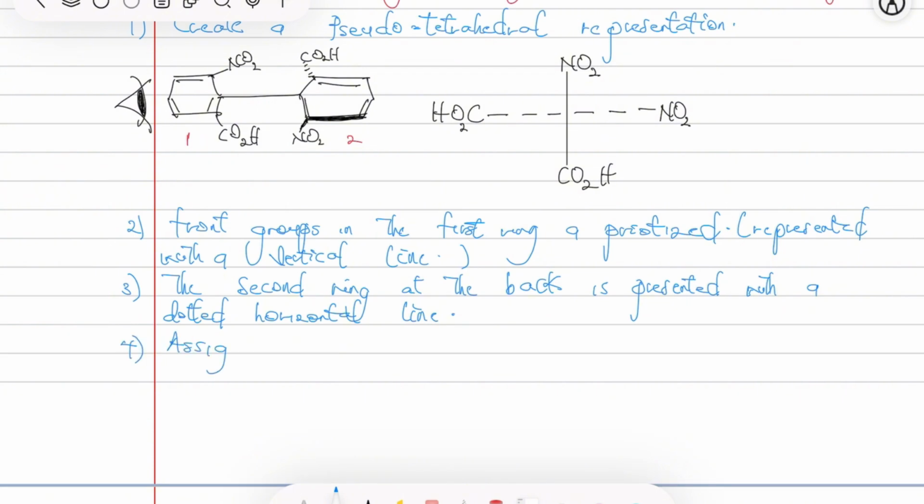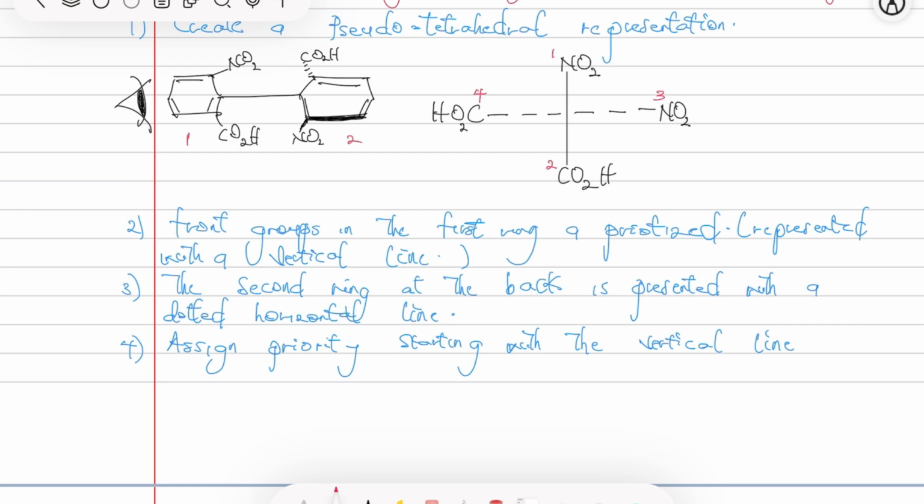The next step is to assign priority, starting with the vertical line. As earlier stated, the vertical line is prioritized over the dotted horizontal line. So I assign my priority starting with the vertical line first before I extend my assignment to the dotted horizontal lines.